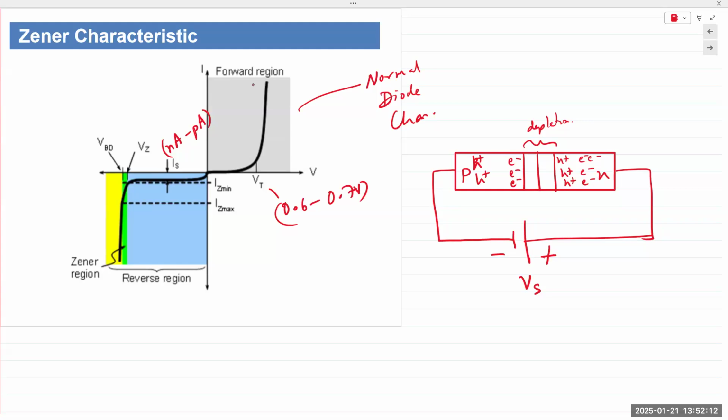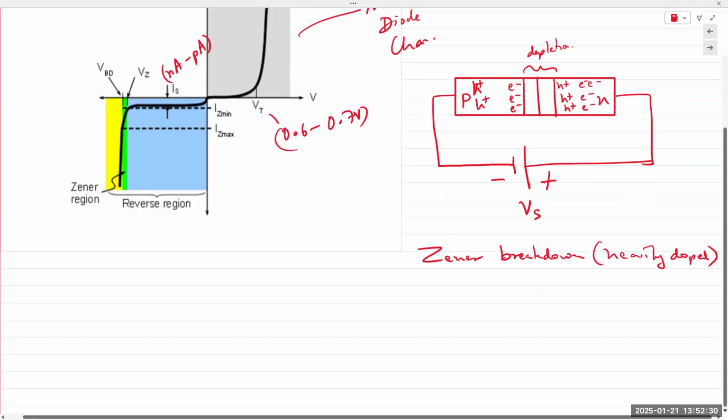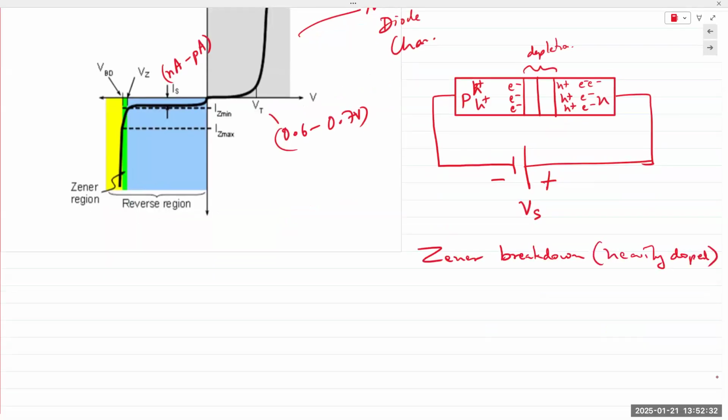Again, Zener breakdown is due to heavily doped semiconductor devices. So heavily doped P and N-type material results in an excess of carriers being available. And this typically occurs at less than 6 volts.